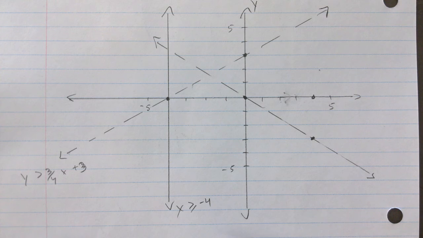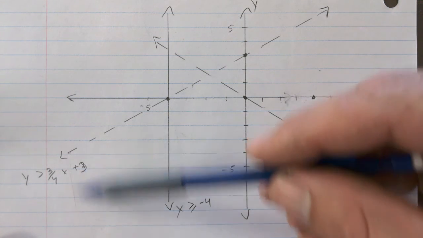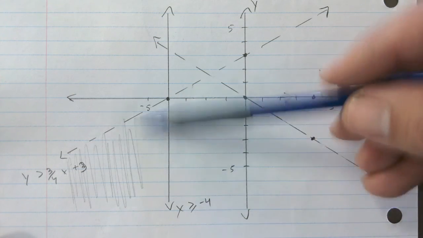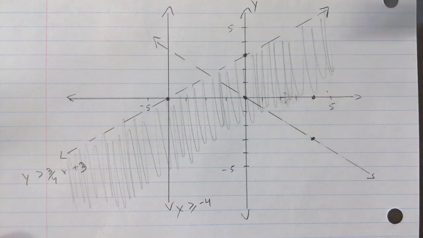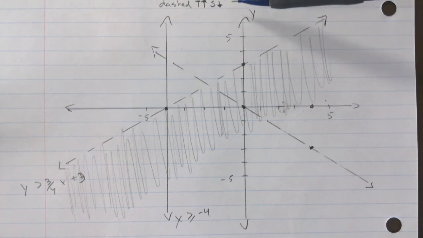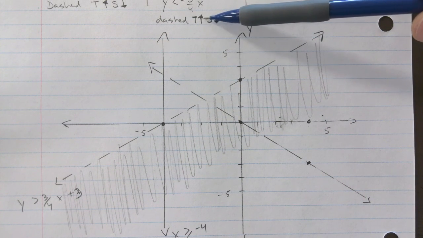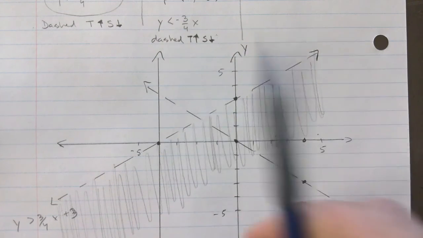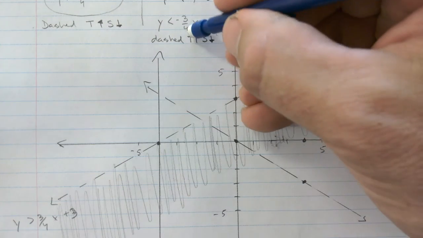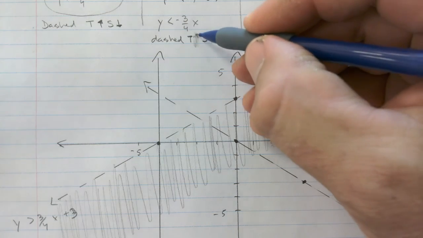So I'm going to go one line at a time. My first one, I'm shading below. And then the other one, I'm shading, doesn't it say below? I said true above. Yeah, you caught me there. Right? If this one says true is below. Whew.